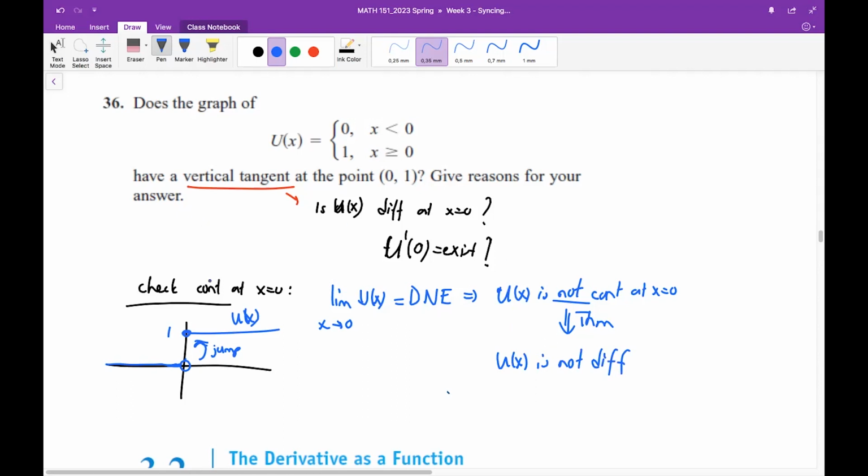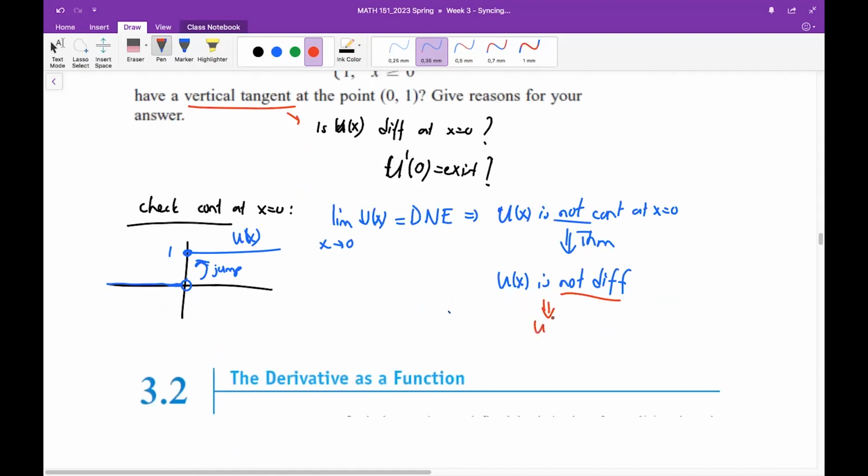If it were continuous, we would continue checking differentiability. It may or may not be differentiable then, but if it is not continuous, for sure it will not be differentiable. So not differentiable means there is no tangent line at the origin.